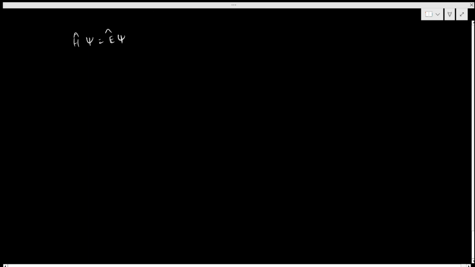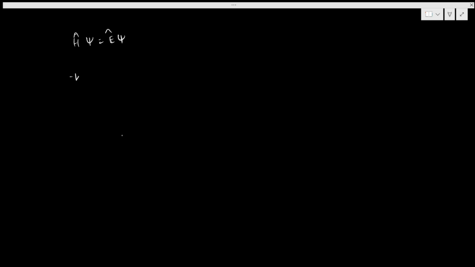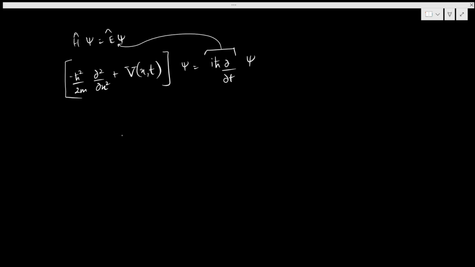So that would give us minus h cross square by 2m dou 2 by dou x2 plus v of x comma t. Remember, because we're taking time into account now, the whole thing applied to psi is equal to i h cross into dou by dou t of psi, where this is your total energy operator that we derived initially, and this whole thing is your Hamiltonian operator.